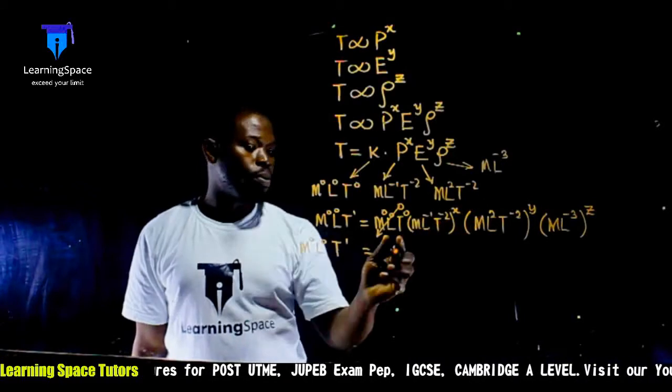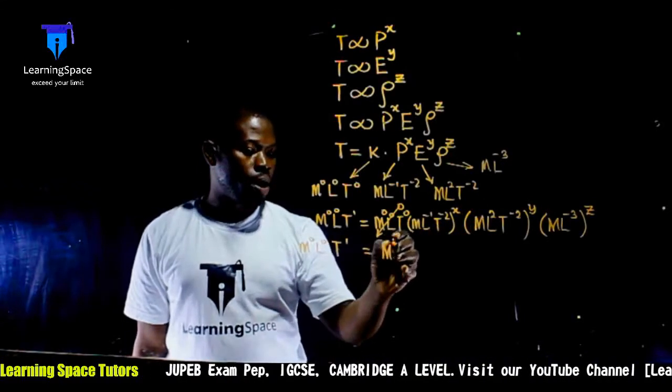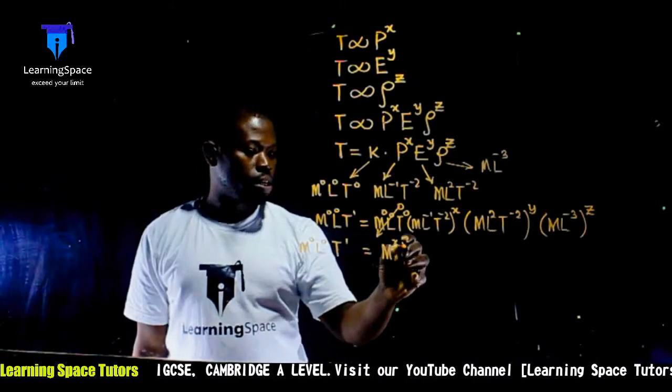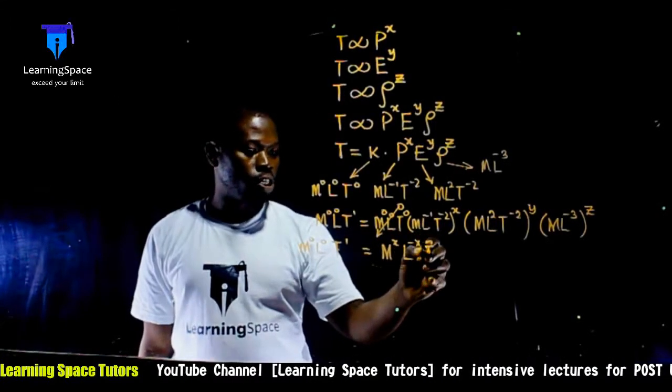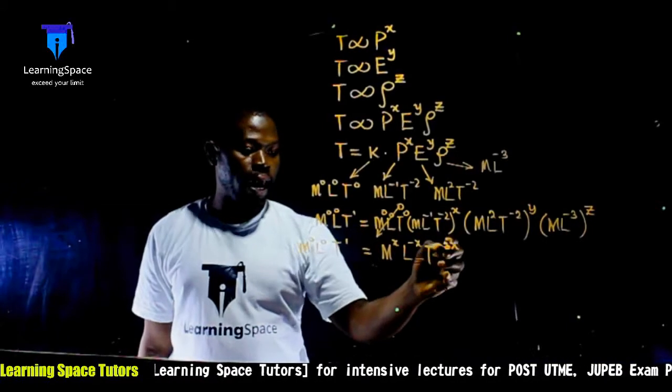If we open the bracket here, we are going to have M^x, L^-x, T^-2x.